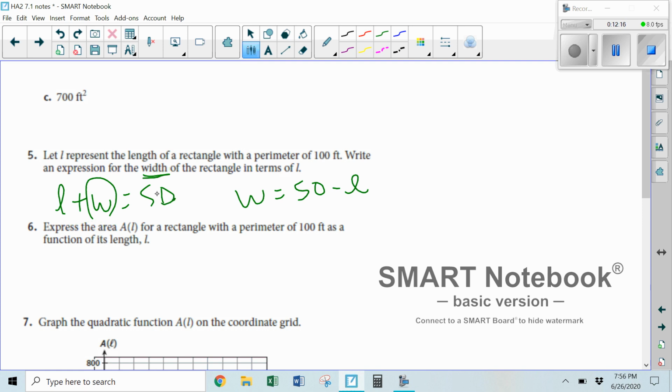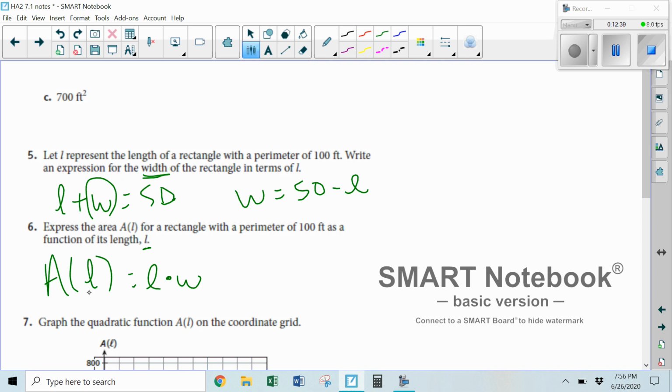Express the area, A of L, so the area in terms of the length for a rectangle with a perimeter of 100 feet as a function of its length, L. That just means L is my only variable. Now I'm going to start with another variable because we understand area to be length times width. But this is 2 variables. I have to have one.